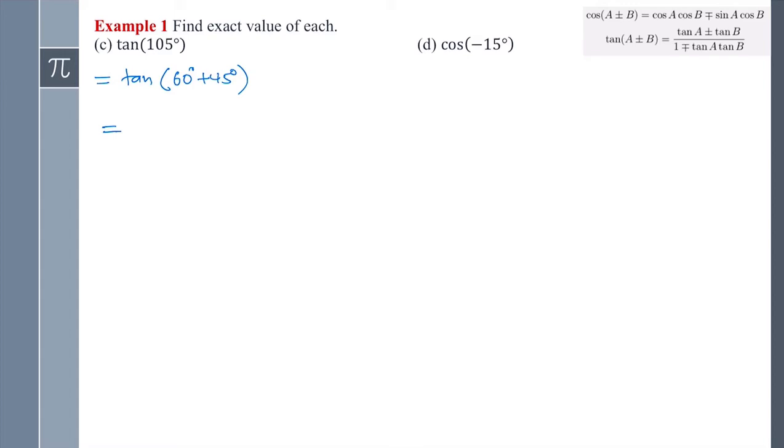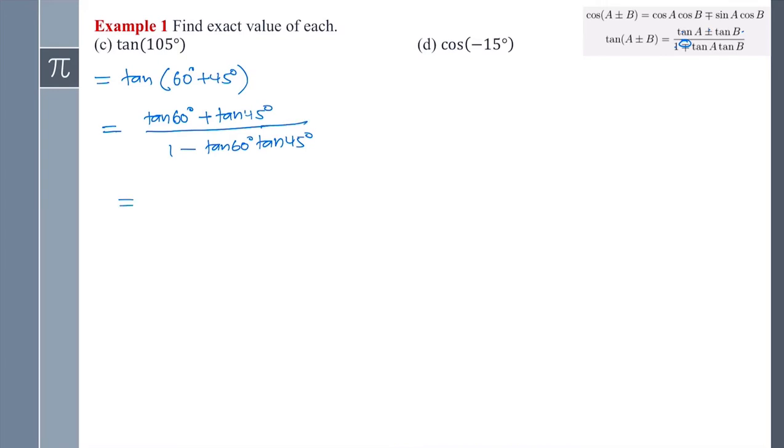So we are going to use the formula for tangent A plus B. Tangent A plus B is tangent A plus tangent B over 1 minus tangent A tangent B. So tangent A plus tangent B over 1 minus tangent A times tangent B.